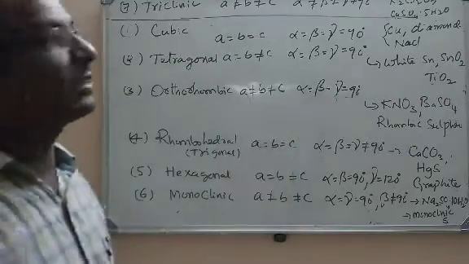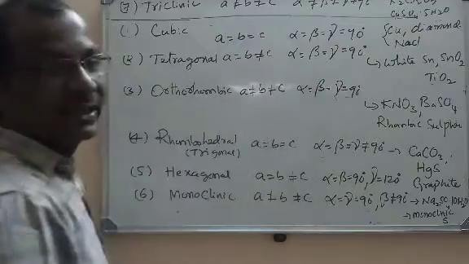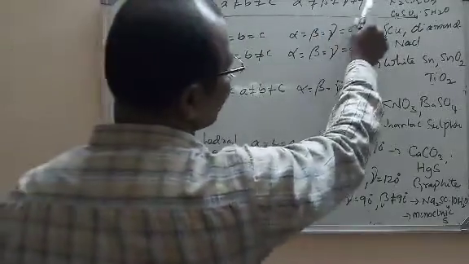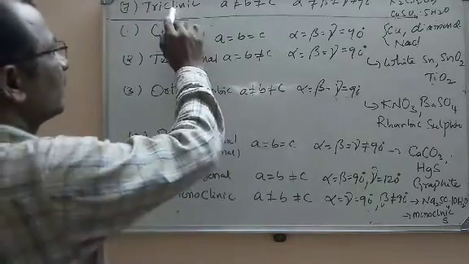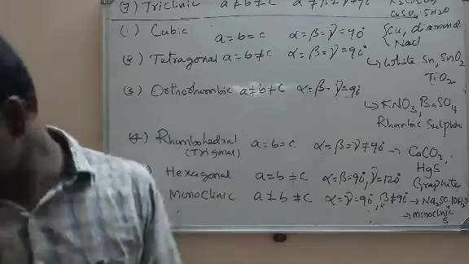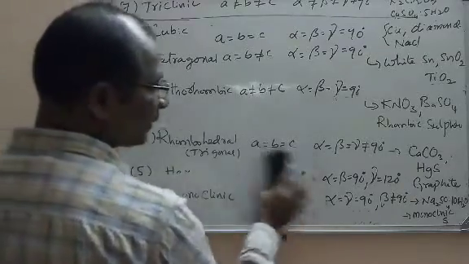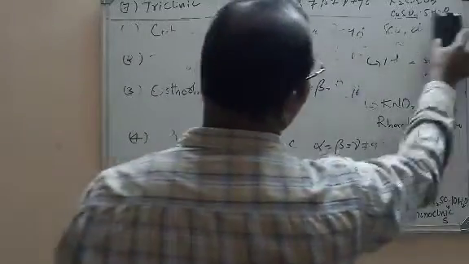Triclinic, three edge lengths are different. a is not same as b is not same as c, and also the angles are different, and also they are different from 90. If you want, you can try the structure of triclinic. But triclinic, I told you how many forms are available? Only one form, that is the primitive form.